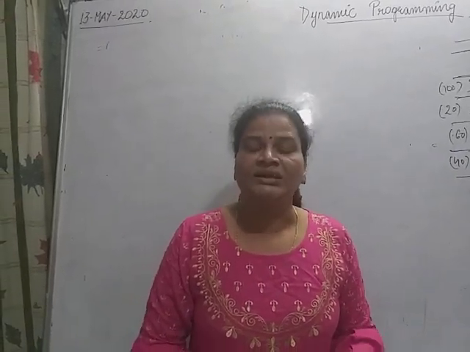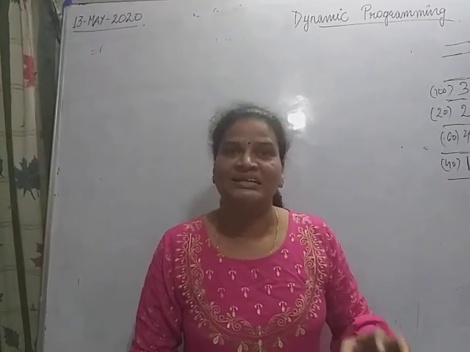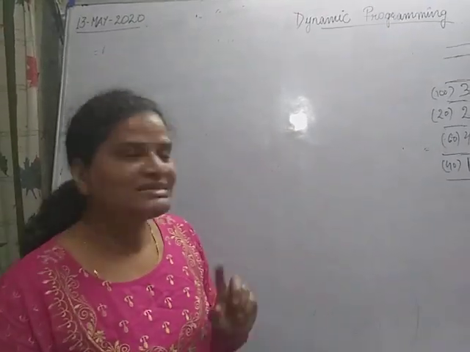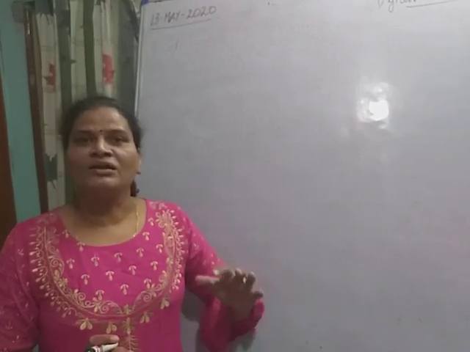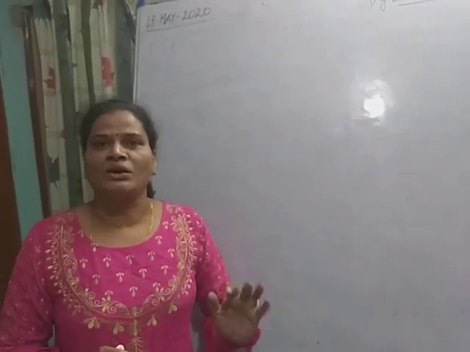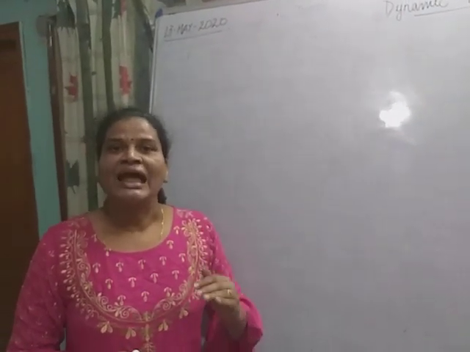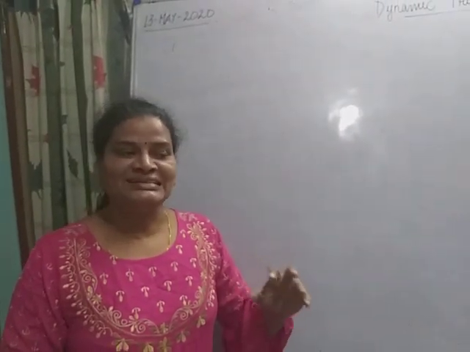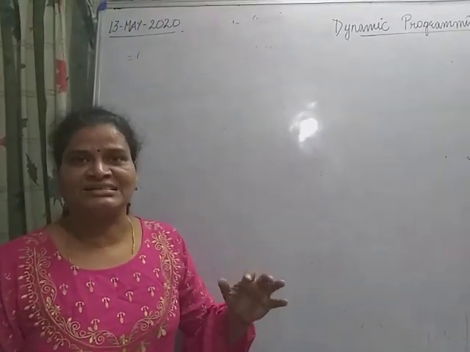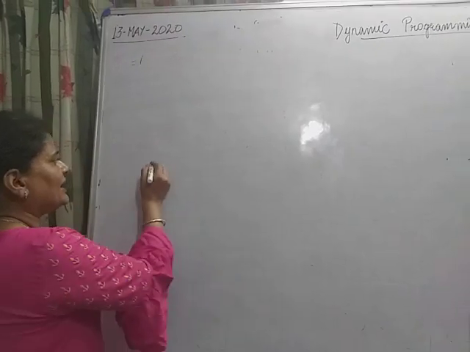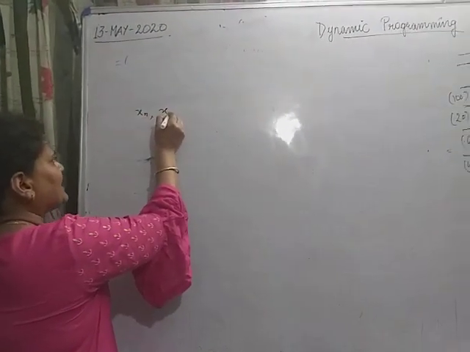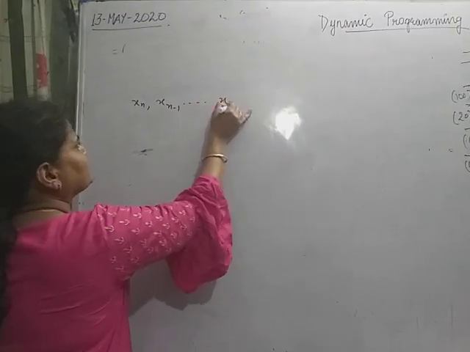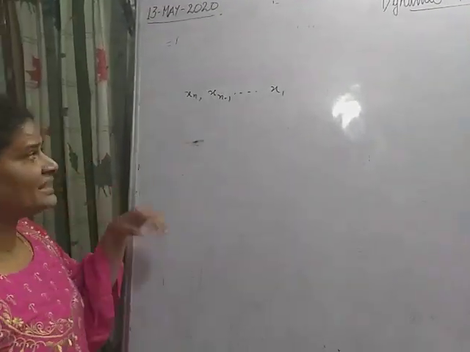Now I solved the 0-1 knapsack problem with this concept. In the 0-1 knapsack problem, we take the decisions on the variables x1, x2, and so on, xn. Suppose I am taking the decision for the variables xi in the order xn, xn minus 1, and so on, down to x1.